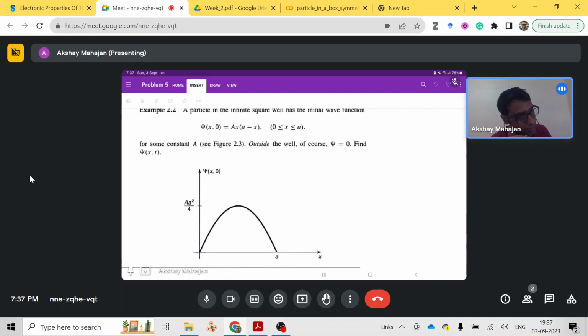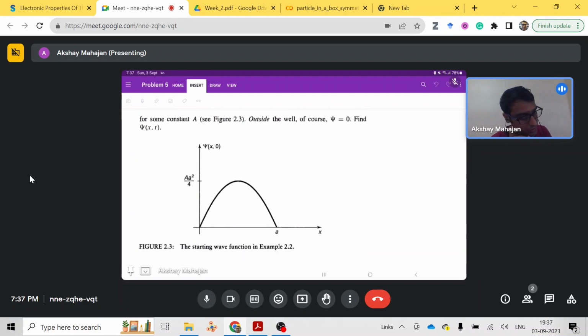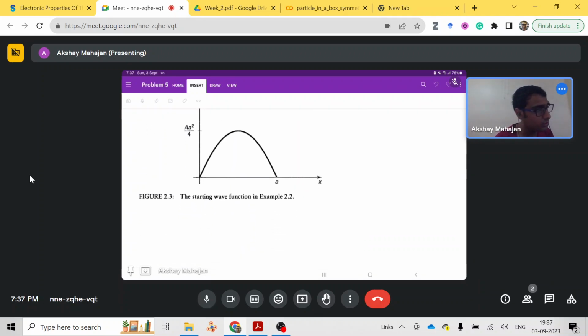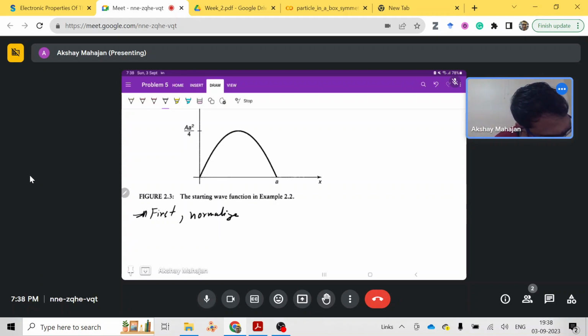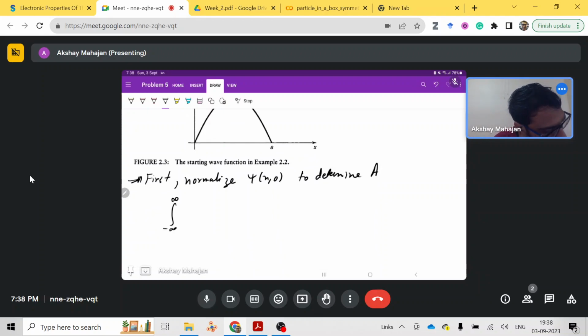So in this part, we have to find psi(x,t). First we need to normalize psi(x,0), which is given to us, to determine capital A. So we have the integral from minus infinity to infinity of mod psi(x,0) whole squared dx, which has to equal 1.